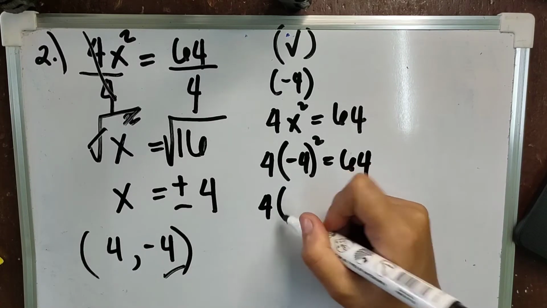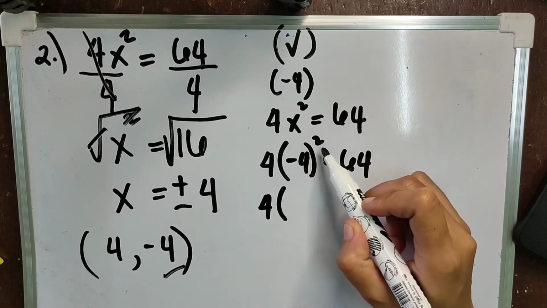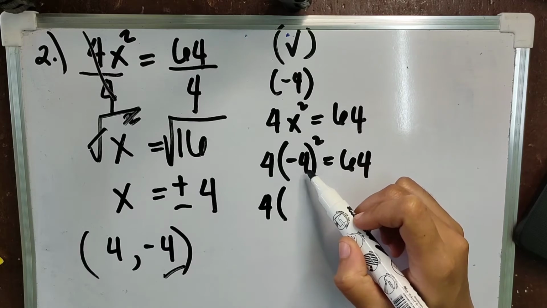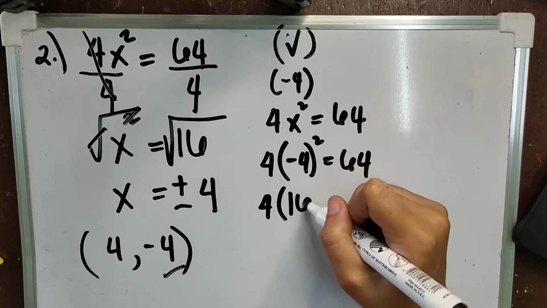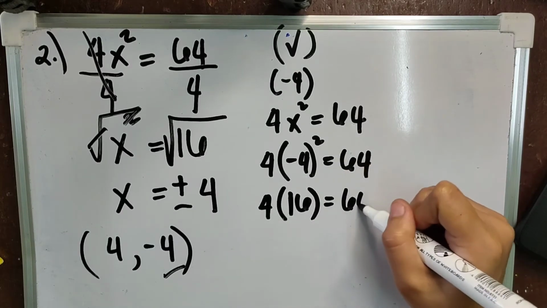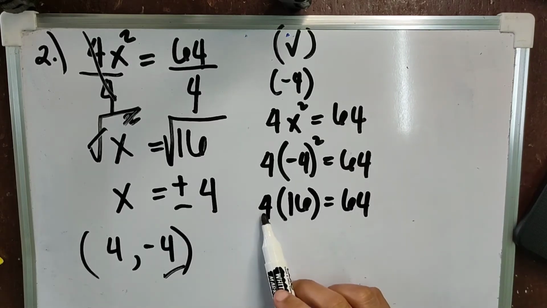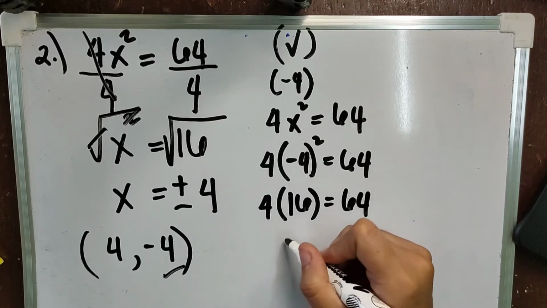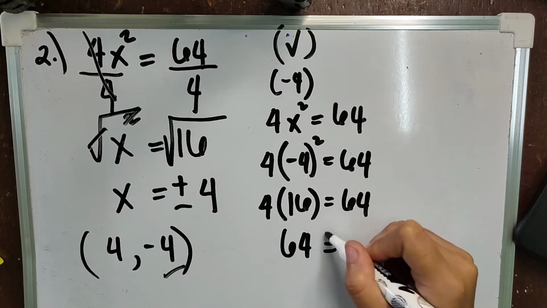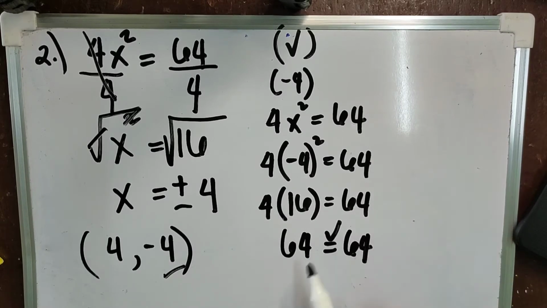Next, negative 4 squared, or negative 4 times negative 4, is positive 16, so 4 times 16 is 64, equals 64. Meaning our answer is correct. And then try it by yourself, checking using positive 4 to see if our answer is also correct.